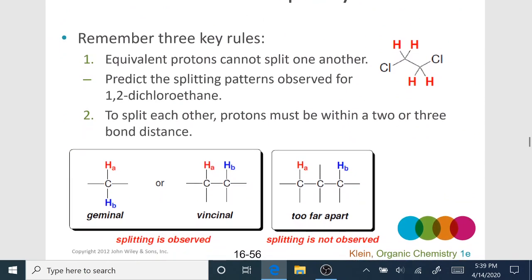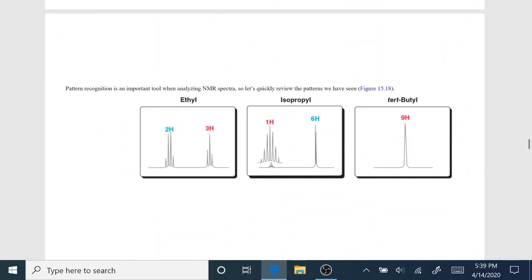Now, remember, equivalent protons cannot split one another. So if they're equivalent, then even if they're on neighboring carbons, they don't split each other. Okay? So let's predict the splitting pattern observed by 1,2-dichloroethane. So to split each other, the protons must be within a 2 or 3 bond distance. Okay?